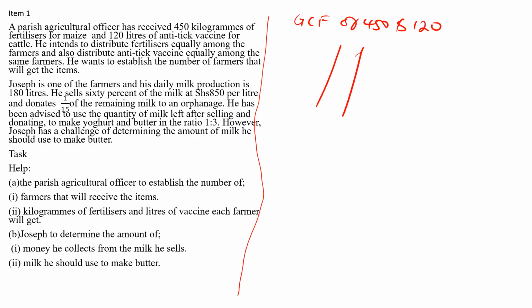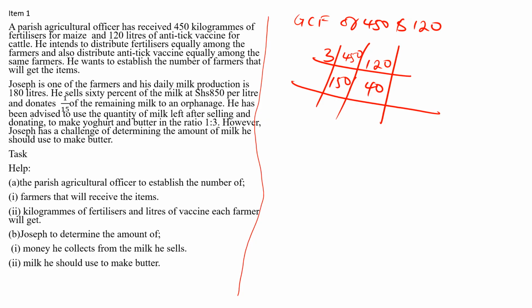120. So here we have 450 and then here 120. When I divide by 3, I get 150 and then 40. Then when I divide by 5, we get 30 and then 8.